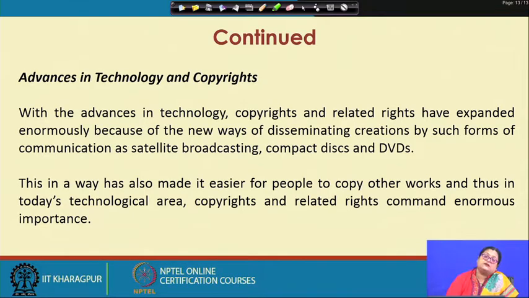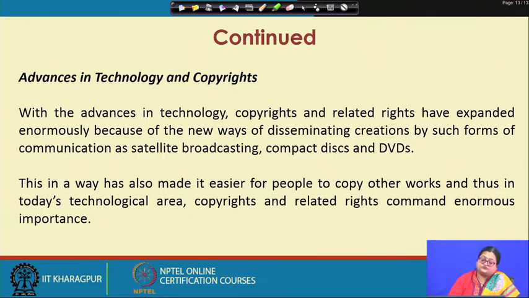Why it has become more important these days is because with the advances in technology, copyrights and related rights have expanded enormously because of the new ways of disseminating creations by such forms as satellite broadcasting, compact discs and DVDs.